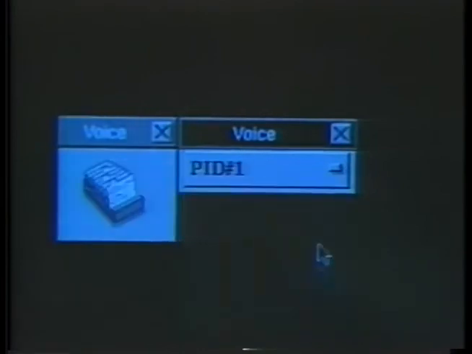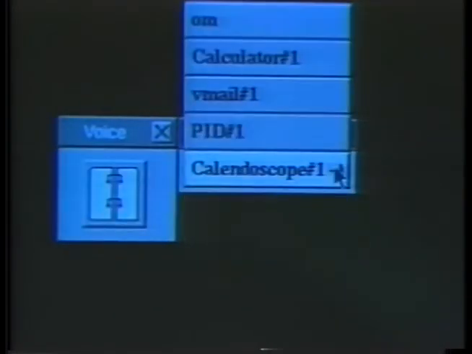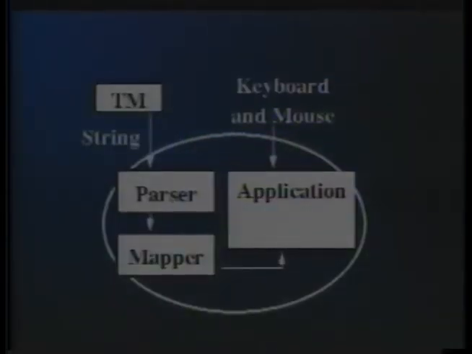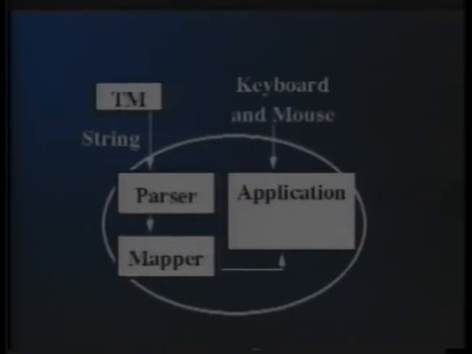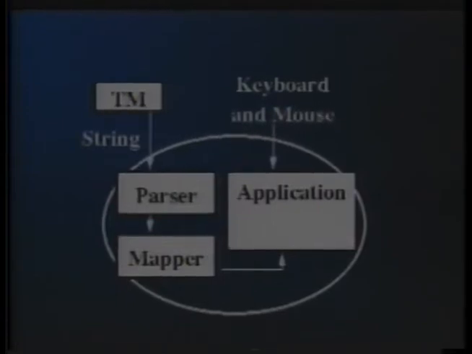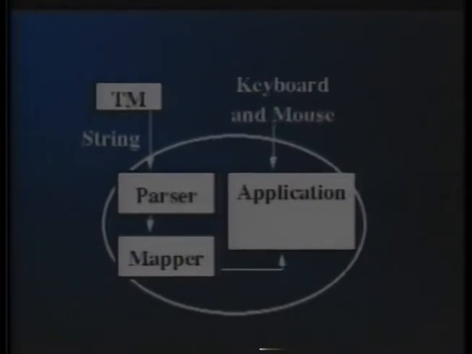The Office Manager currently consists of a personal information database, voicemail, an appointment calendar, and a calculator. Each application incorporates a frame-based parser and a mapper that communicates directly with internal application functions. The parser receives the decoded and corrected string from the Task Manager, parses the string and generates a frame that is sent to the mapper.